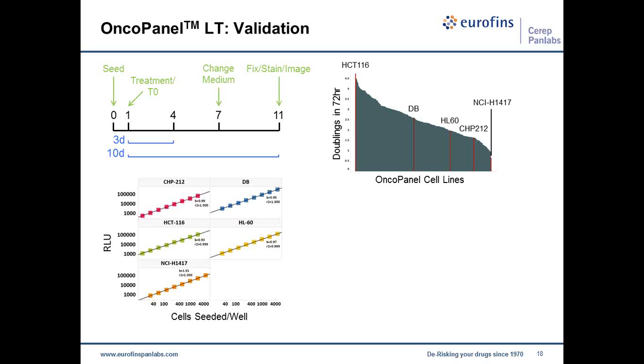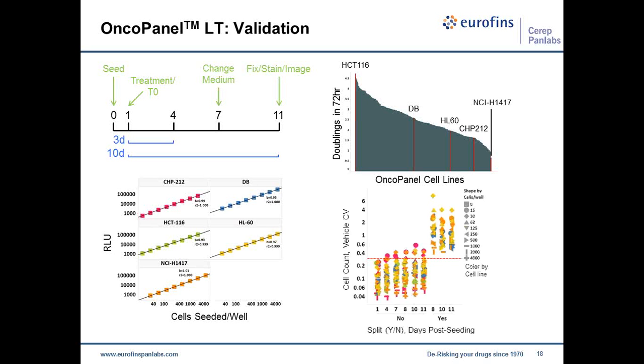The other question was whether or not we'd be required to split cells over the course of the assay. And speaking with some of our clients, we had learned that some of the experiments performed in-house required that they trypsinize and reseed cells, or for non-adherent cells, simply split them over the course of the assay.